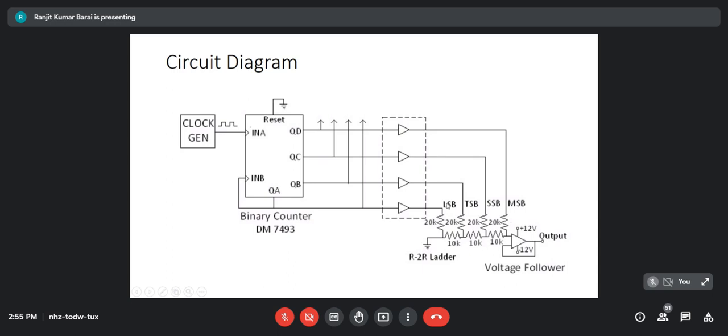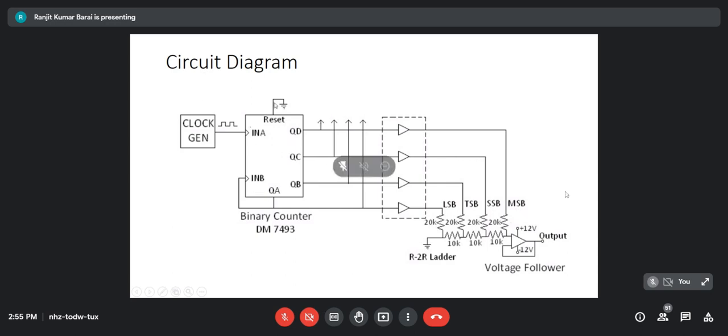So 2 to the power 4, total 16, from 0 to 15. The sequence is from 0th to 15. That means a total of 16 numbers will be present. Now here we are generating these bits 0000 to 1111 using this counter.